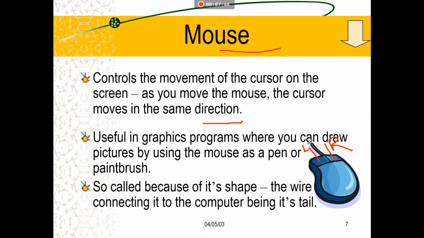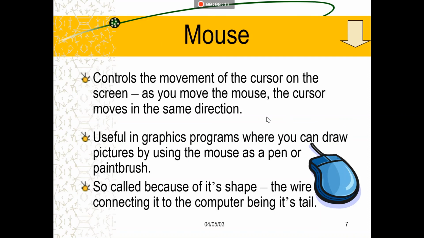Actually, it's not a real tail, it's just a wire that connects the mouse and the computer together, by which we can place the cursor and give inputs on the computer screen itself. Okay, so these are all input devices we are discussing now.